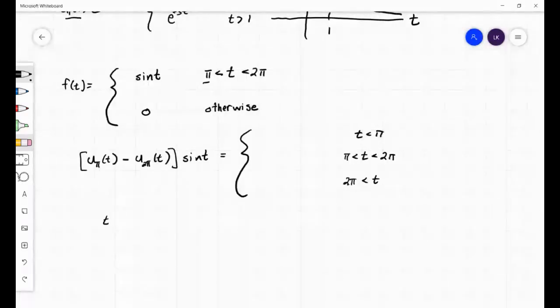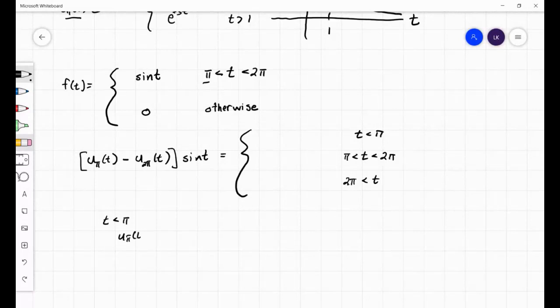Now if t is less than pi, by definition, the step function which turns on at pi is 0, and of course the step function which turns on at 2 pi, sometime later, is also 0. So you get 0 minus 0 times sine, which is just 0. For times between pi and 2 pi, the step function which turned on at pi is 1, but the step function which only turns on at 2 pi is still 0.